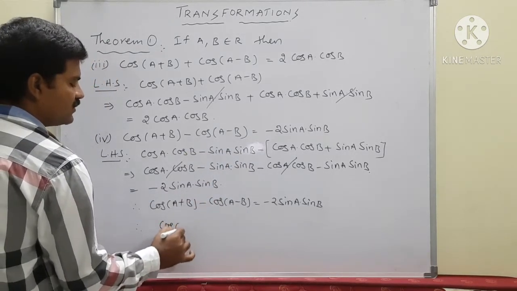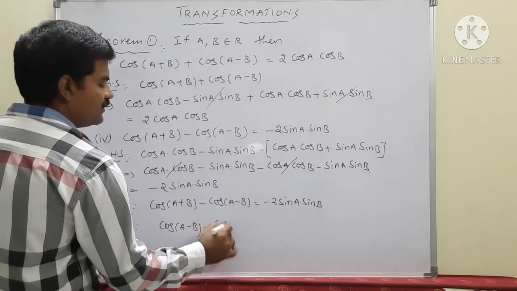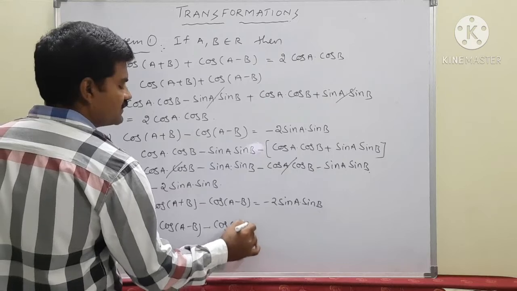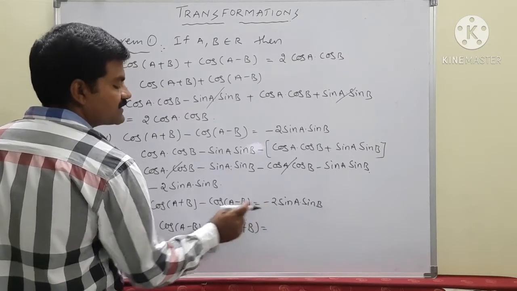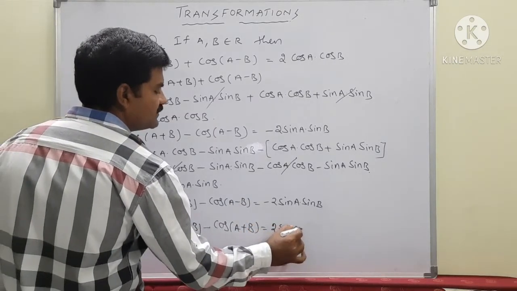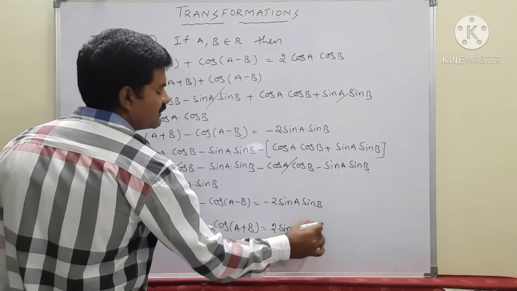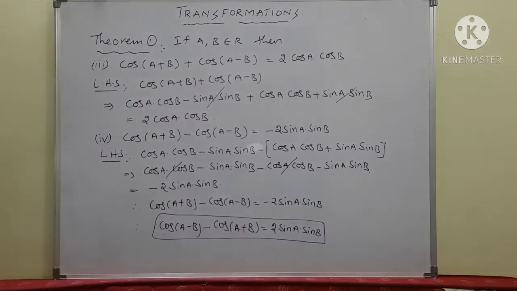If you want to eliminate that minus, let us multiply with minus on both sides. Then cos of a minus b minus cos of a plus b is equal to, when you multiply with the minus, plus 2 sin a into sin b. So both are same.